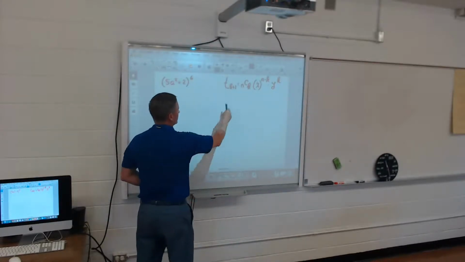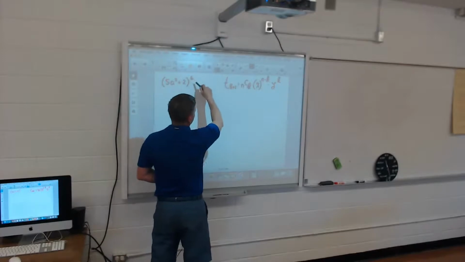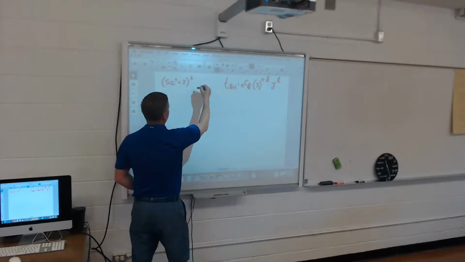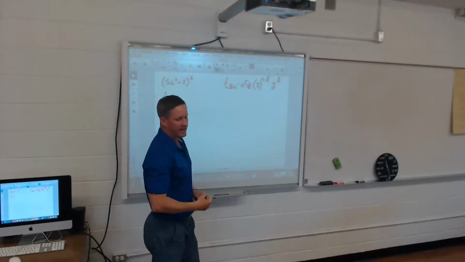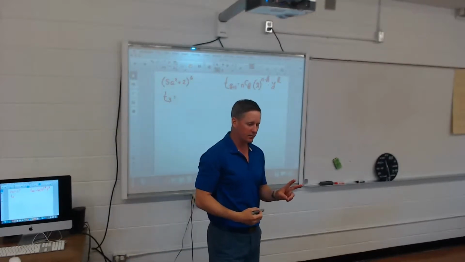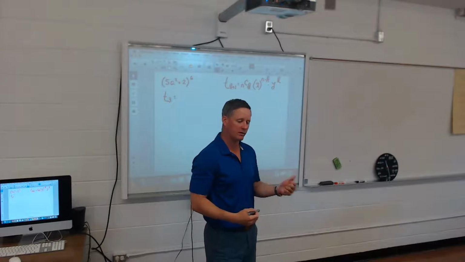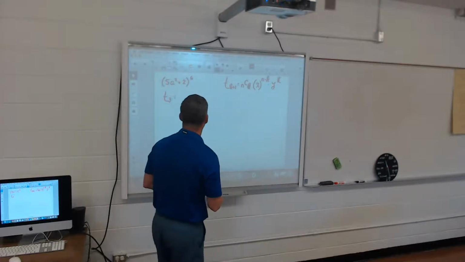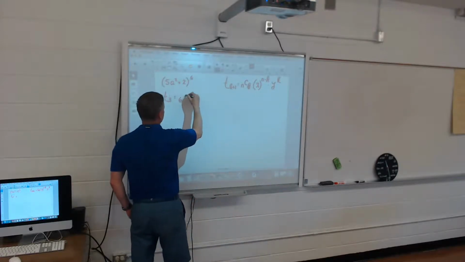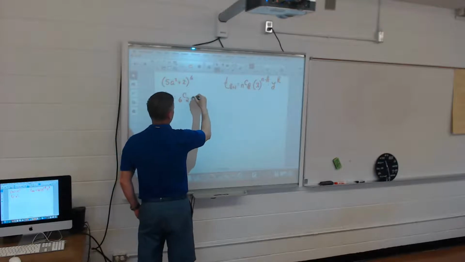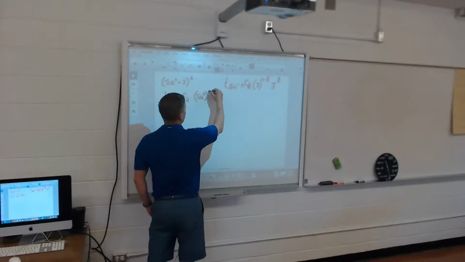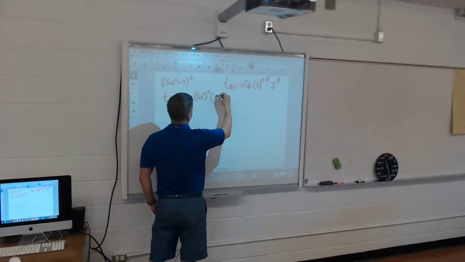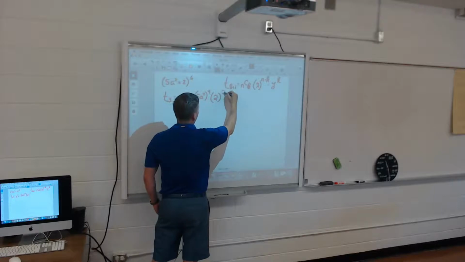Let's go through it. If I've got 6 here and I want the third term, that means that my k value is 2. My k value is 2. It's always 1 less than the term I'm looking for. So I've got 6C2 times 5a squared to the, 6 subtract 2 is 4, and then I have 2 squared.